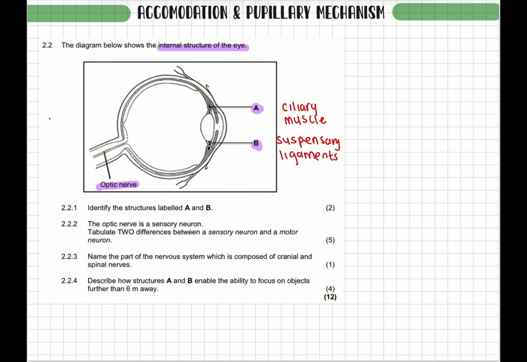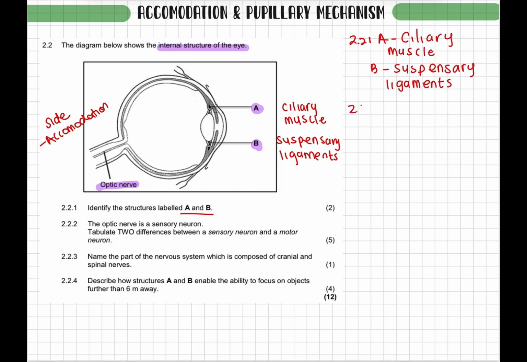We see that we're being shown the side view of the eye, and therefore we are going to look at accommodation. For the first question, we've already labeled part A and part B. On to the next question.